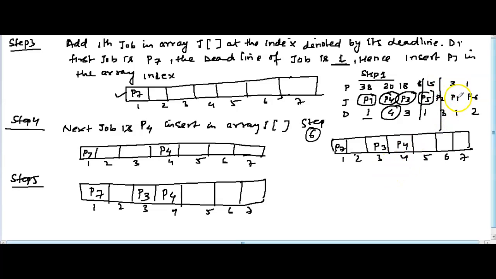Next P1, then P6. P6 is in the second position, so you write it here. This will be the order.